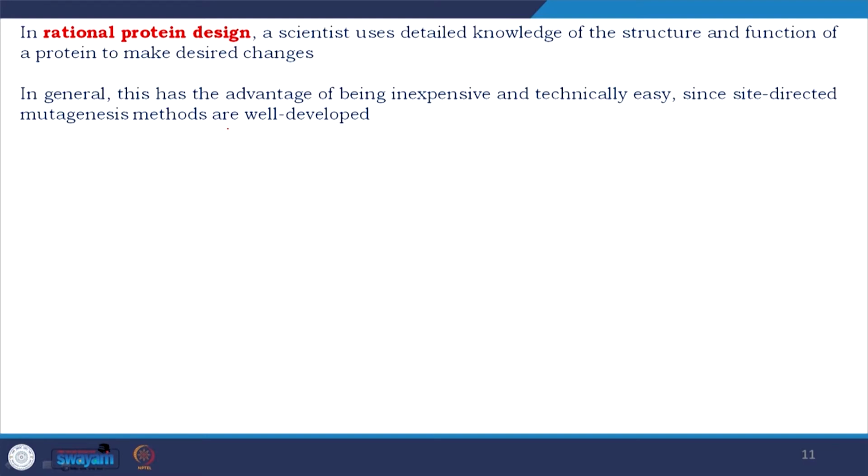So, you look at the structure, you design it and then make a change, and as I have already explained, whatever you do at the protein level, you cannot change the protein directly; you have to go and change it at the DNA level.